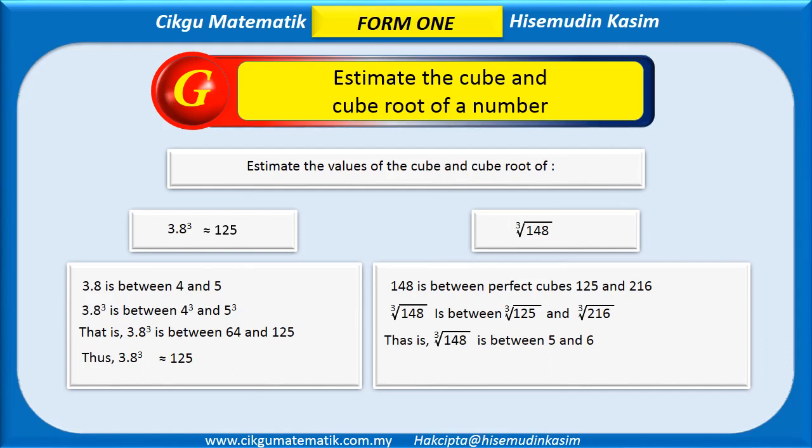That is, cube root of 148 is between 5 and 6. Thus, cube root of 148 is near to 5.